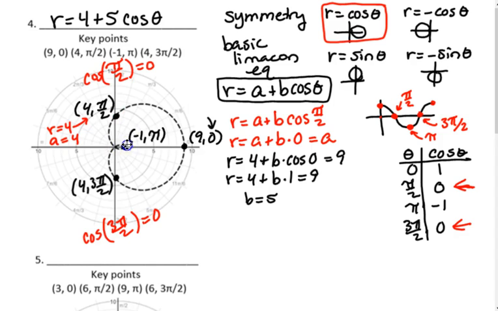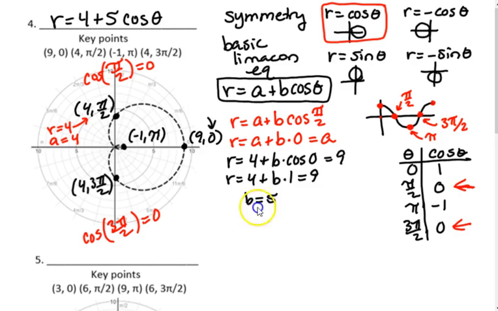Then the largest value is going to occur when I add these two numbers together, so 4 plus 5 is 9, when cosine of 0, which is equal to 1, gives me that largest value. Now, where do I get the negative 1? Well, at pi, cosine of pi is negative 1, so 4 plus 5 times negative 1 gives me the negative 1. All right, so start by thinking of the first number and then figure out what that second number is going to be.